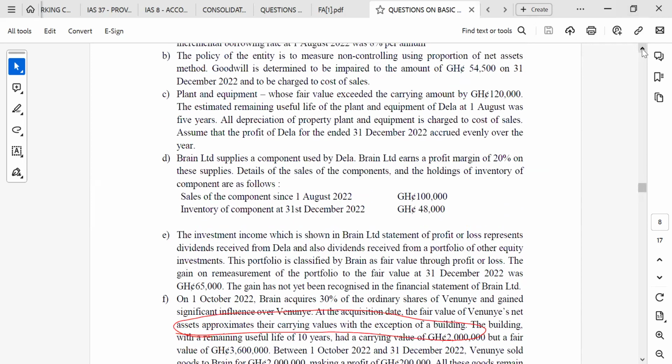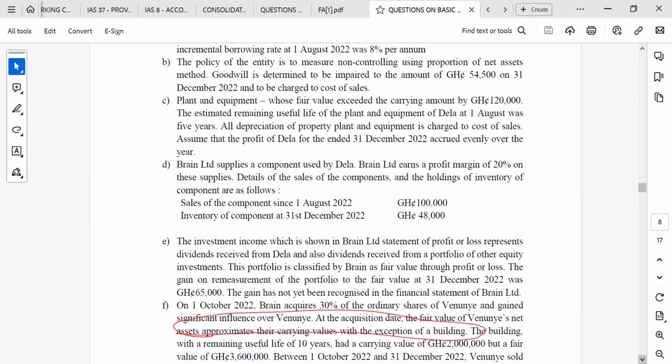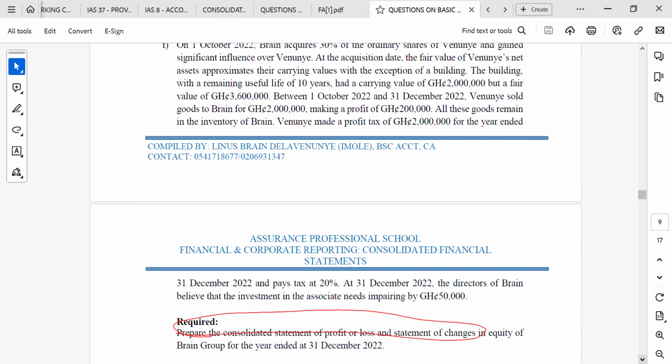What did they say about impairment? Okay, so they are saying that the policy of the entities to validate this one is determined to be impaired to the amount of 5,000 and to be charged to cost of sales. That is the impairment for the first one. So this impairment will also be an expense to you. You can add it to cost of sales or to administrative expenses. There is no problem with the 50.